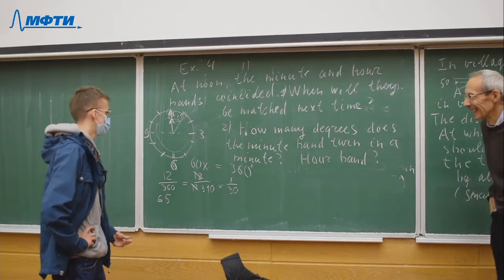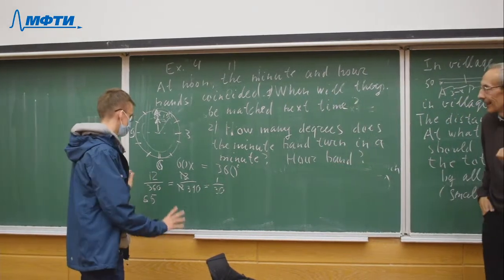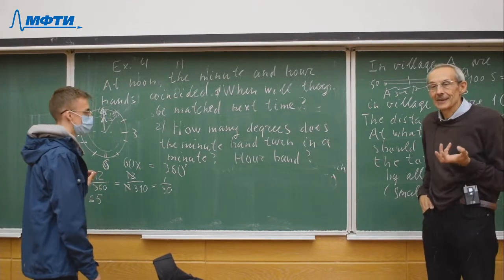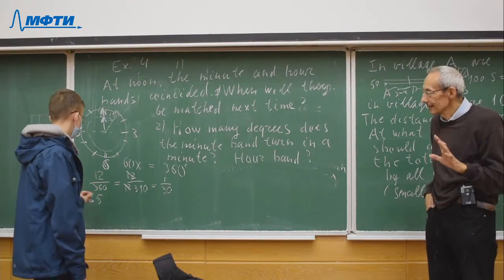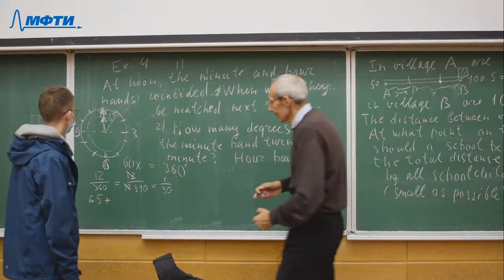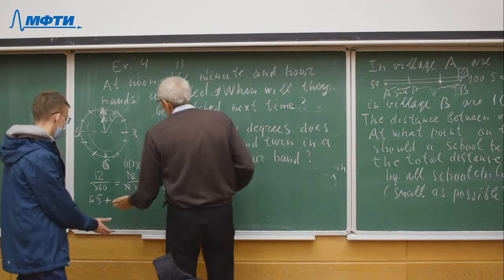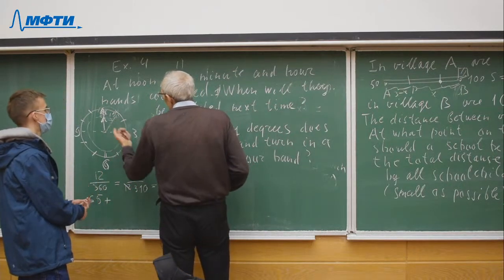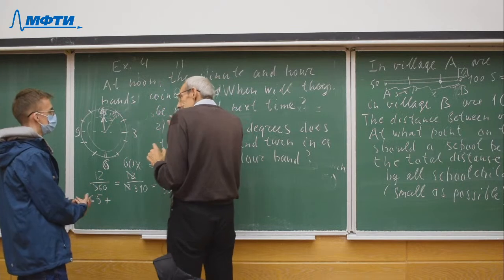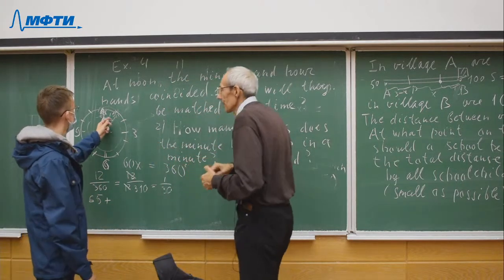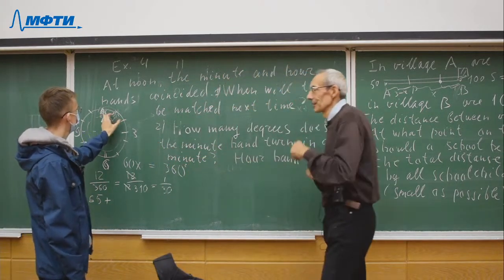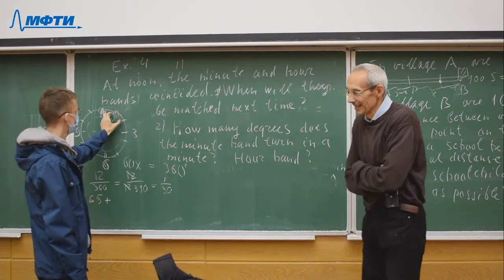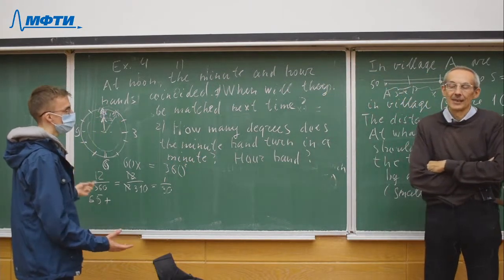Approximately. But I would like to obtain the exact result. After plus 5 minutes, the minute hand moves, and after that it will move by 1/12 of this, so 1/12 of 5 minutes.